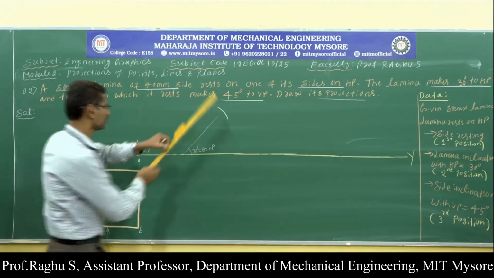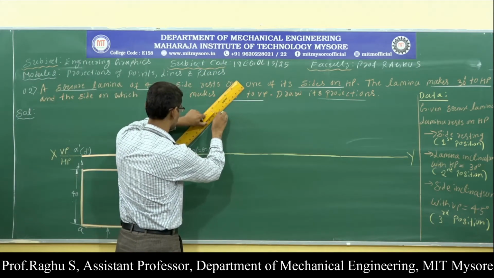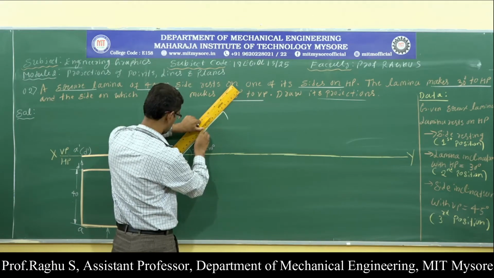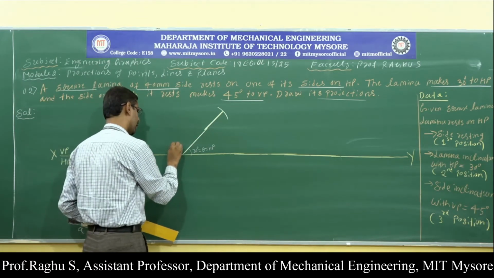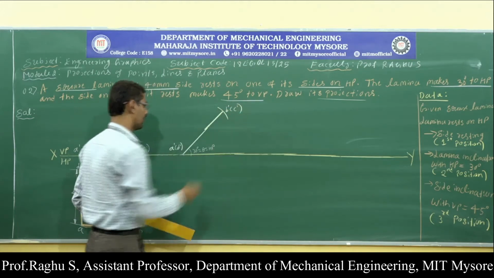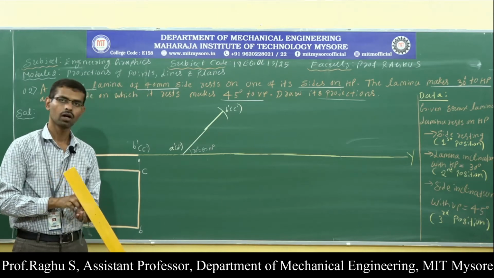Now make it dark. This is A dash and D dash, and this is B dash and C dash. Now I have completed the second position front view.